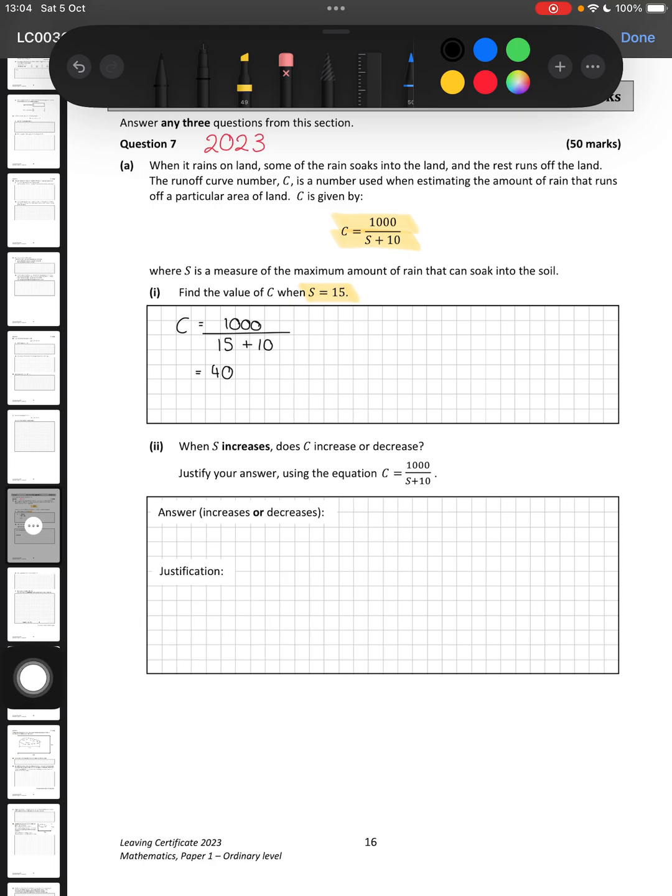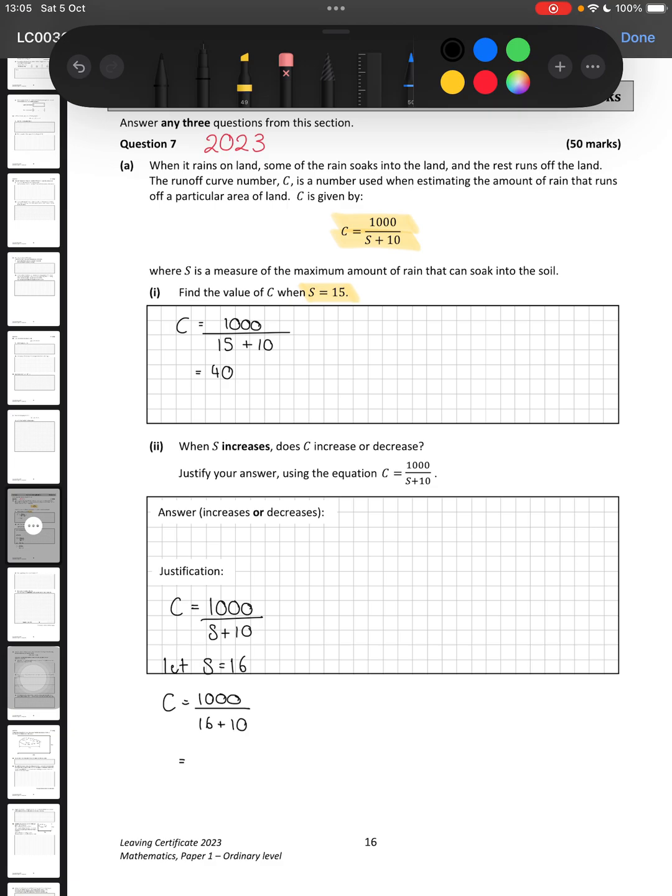It says if S increases. So C is 1000 over S plus 10. Let's let S be 16 instead of 15. Then we will get C is 1000 over 16 plus 10.